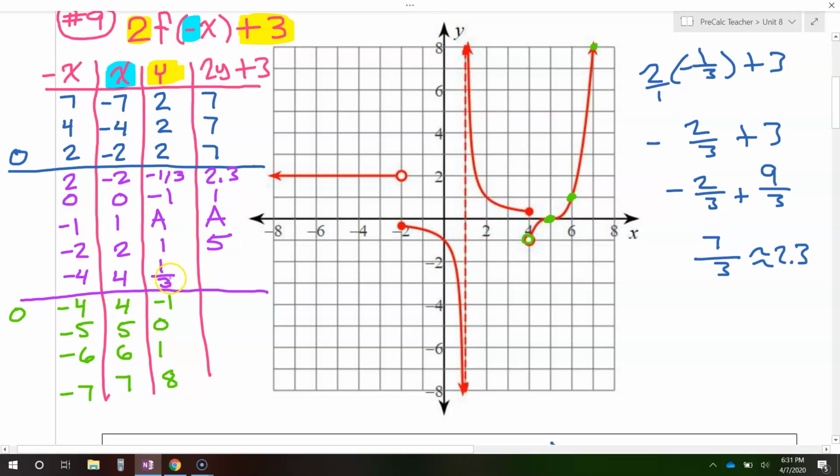All right, now I got to deal with this fraction business one more time. So imagine that this was positive 1/3. Okay, so that's going to make this positive 2/3. So that means I'm going to have 2/3 plus 9/3. So instead of being 7/3, that is going to be 11/3.